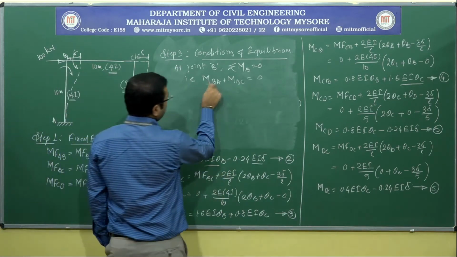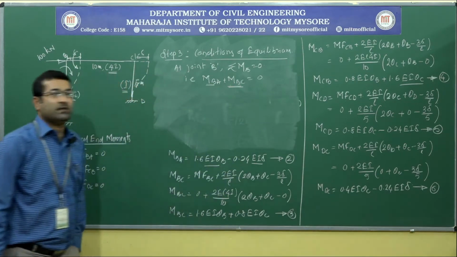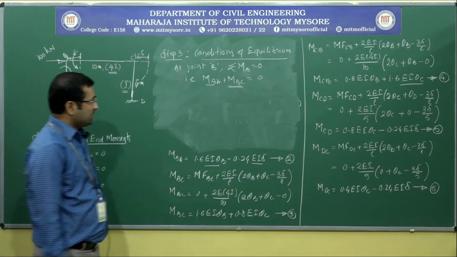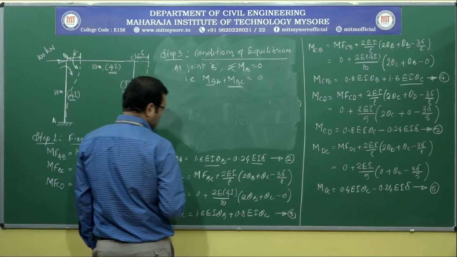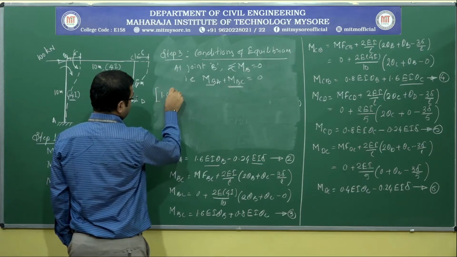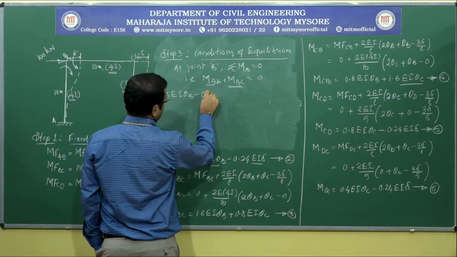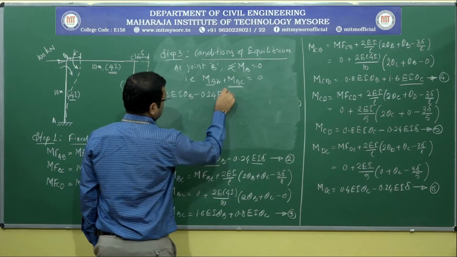The value of MBA, I will get it from equation number 2, and the value of MBC, we will get it from the equation number 3. That is, you can see the MBA is 1.6 EI theta B minus 0.24 EI delta.